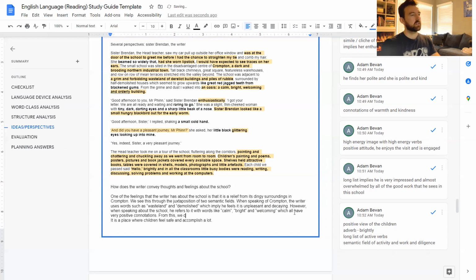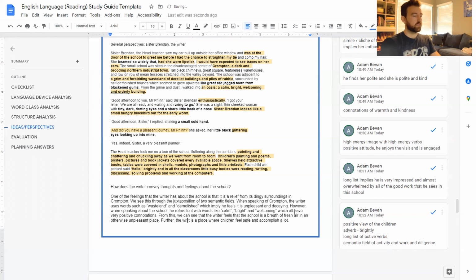From this, we can see that the writer feels that the school is a breath of fresh air in an otherwise unpleasant place. Okay, so that's the first bit.